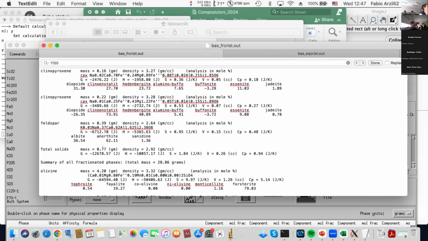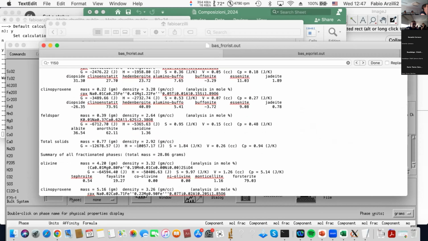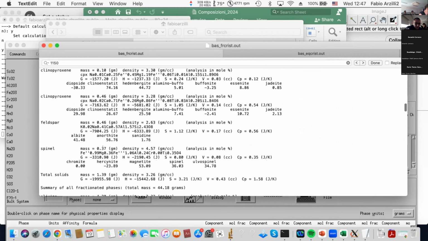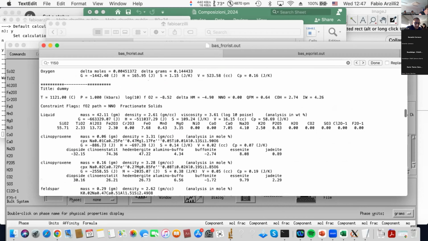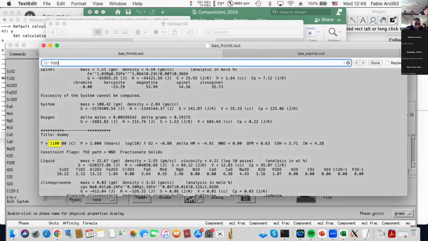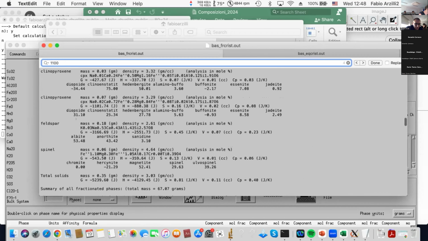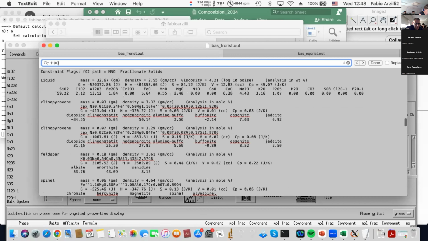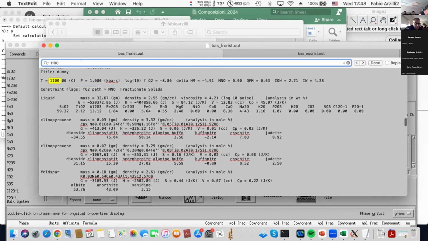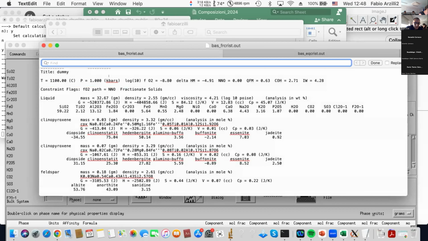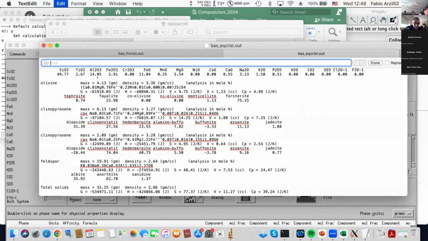So therefore these minerals didn't have a big effect on the liquid. So therefore we can go 50 degrees lower, 1100. 1100 here, 1100 for the equilibrium.